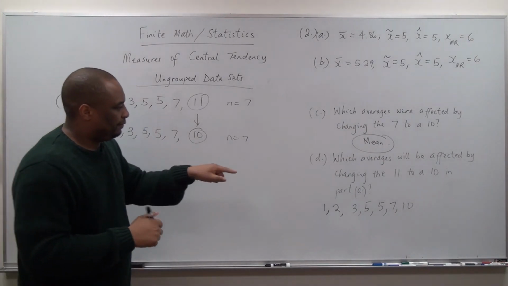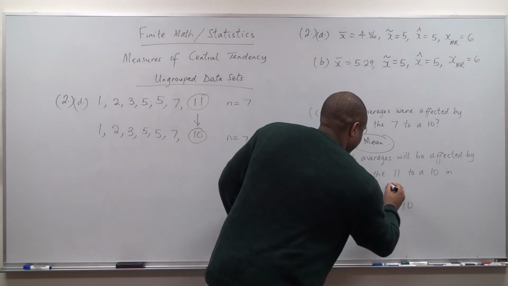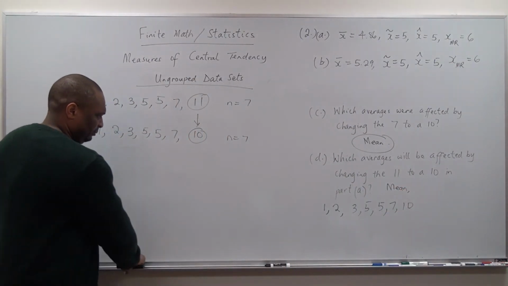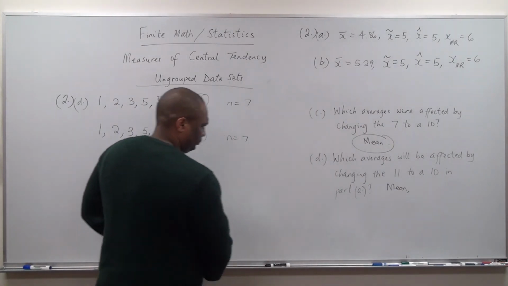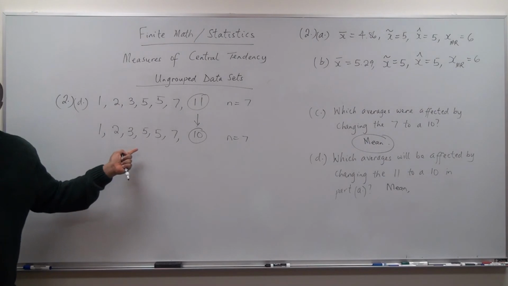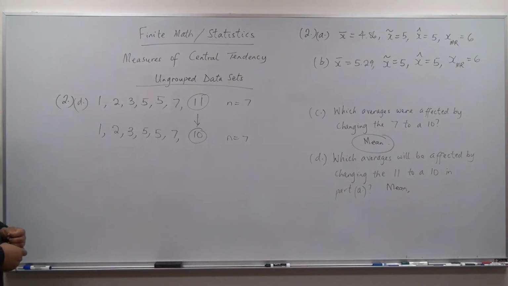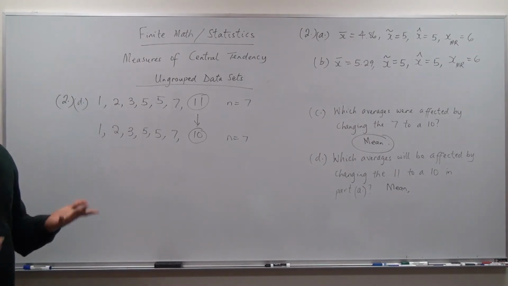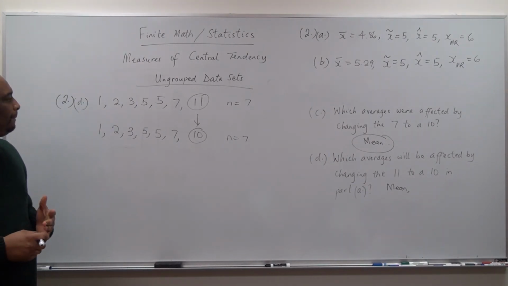So let's first of all write the mean will be affected. Then the median, this is arranged in ascending order already, so the median is still going to give us 5. So the median will not be affected. The mode is still 5, so the mode will not be affected.